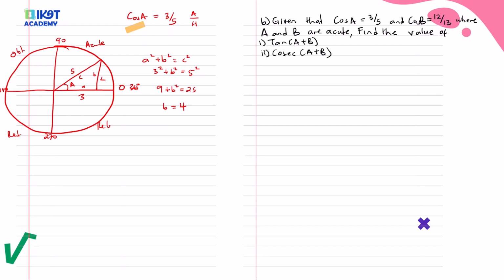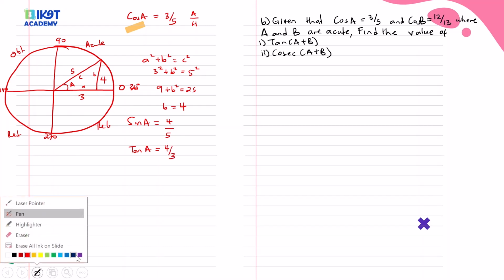So here we put 4. Then now we can find sine A to be opposite, which is 4, out of the hypotenuse, which is 5. Then tan A will be opposite out of adjacent.